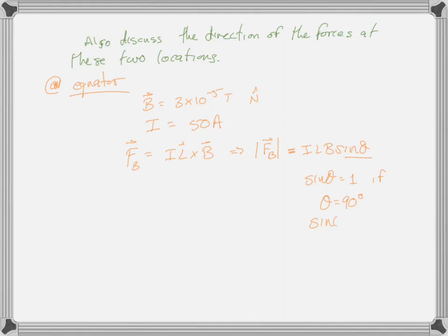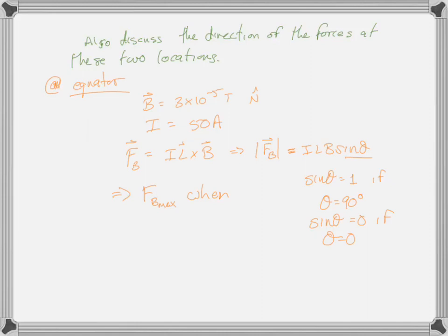And sine theta is a minimum, 0, if theta equals 0 degrees. Therefore, F_B is a max when the current carrying wire runs perpendicular, or 90 degrees, to the magnetic field.